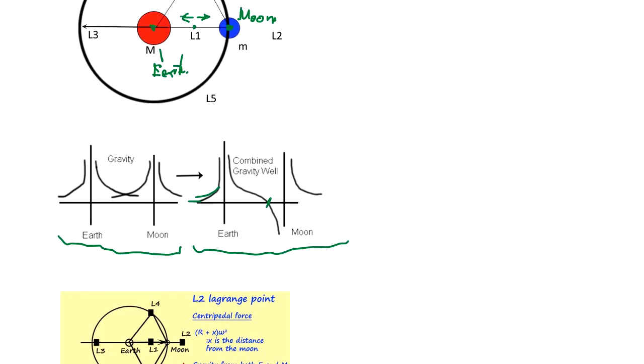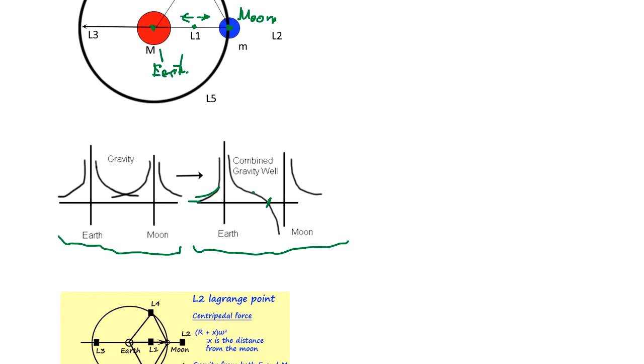Now if you are here stationary, it's balancing here, but in fact this whole thing is moving at omega, the moon's speed. So whatever you have here is going to get the centripetal force. So you need some kind of gravity.